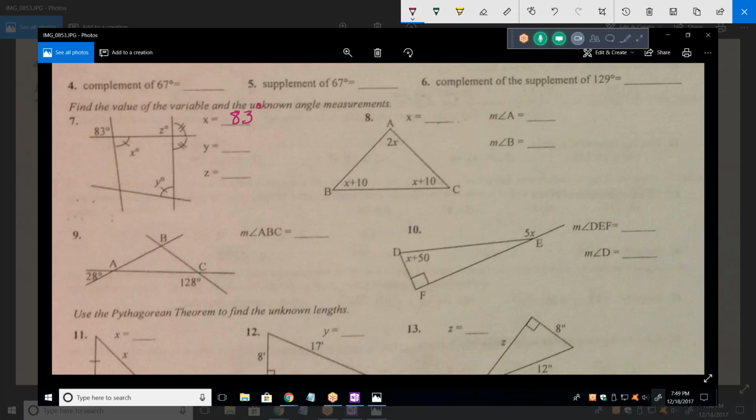Vertical angles. Yeah, same reason that 1 is equal to 2. In other words, anytime you have two lines that intersect, that one's equal to that one, and that one's equal to that one. Okay, now, based on what I told you on the last problem, what's that make y equal to? And you know what z is?